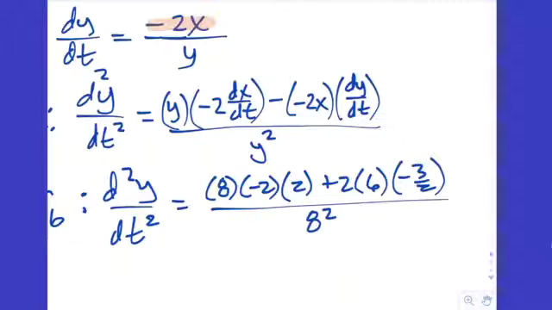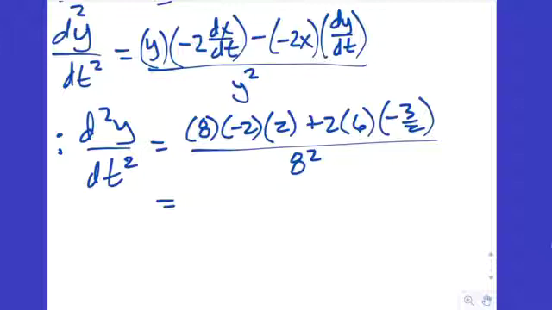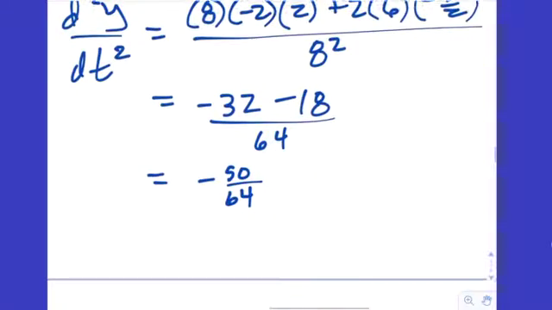So if you stop there, you can put units. Let's keep going. I just want to make sure it ends up being a negative number. We get negative 32, and over here we get minus 18, all over 64. And you end up with negative 50 over 64, which is negative 25/32.